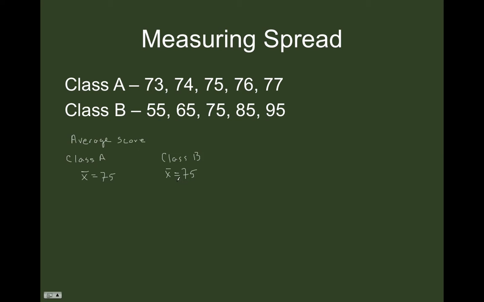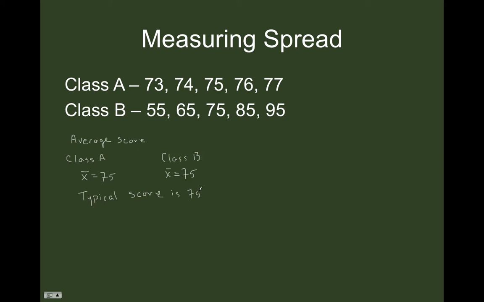Also notice that the median, the middle one, in both cases is 75. And so we might conclude that the typical score from both classes is a 75.